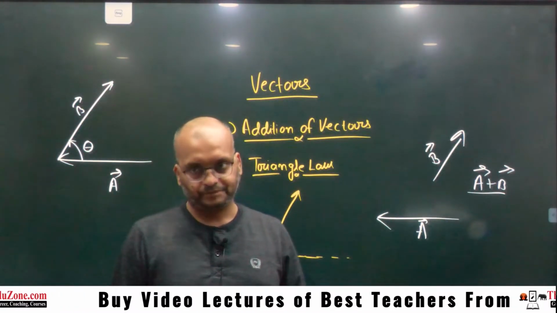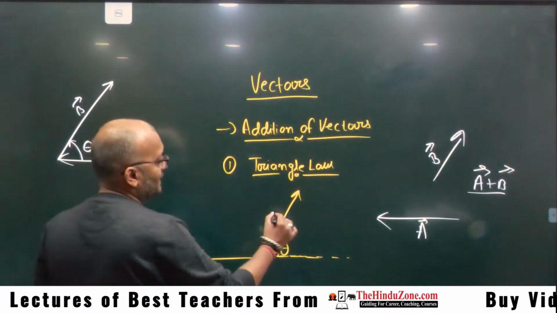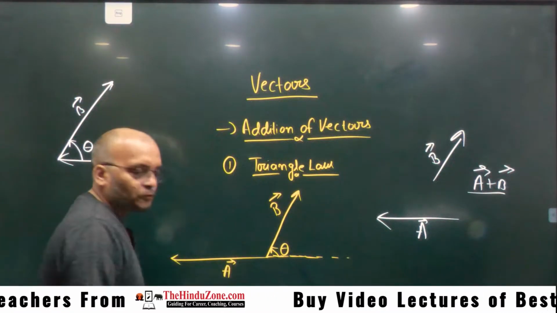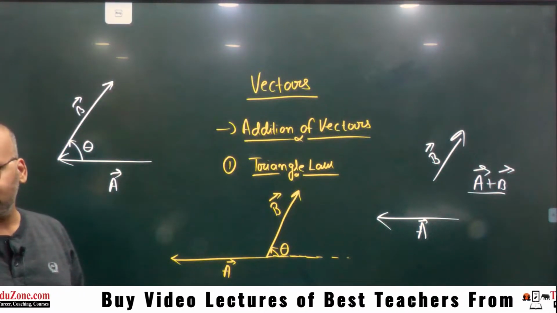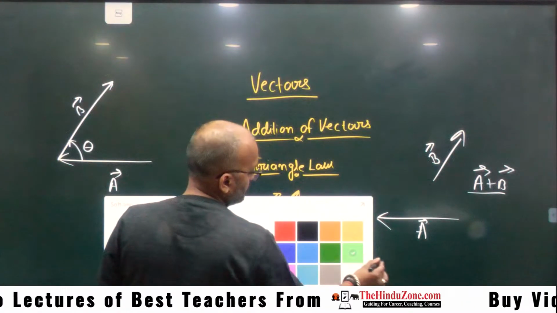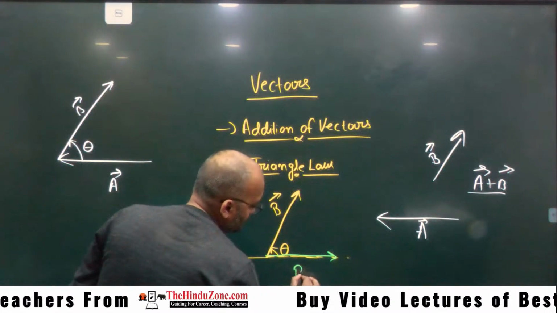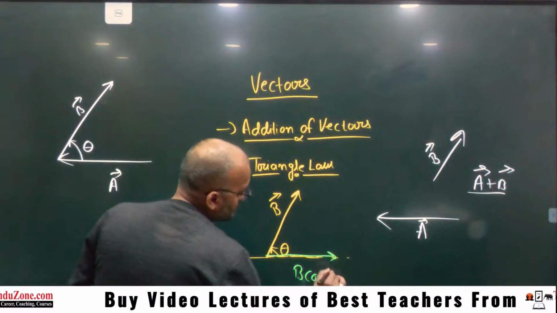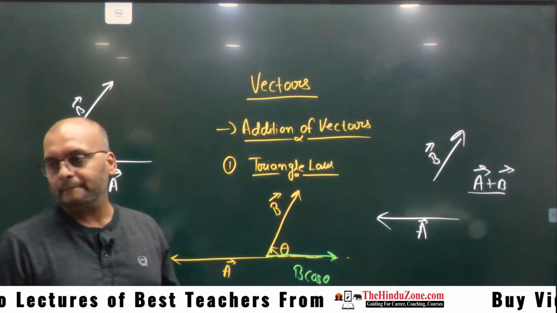Yes, sir. Okay. So this is your vector B. Vector B is making some angle with the horizontal. Yes or no? Yes, sir. So can I resolve vector B into two components? Yes, sir. So this will be B cos theta, and perpendicular to this will be B sin theta.